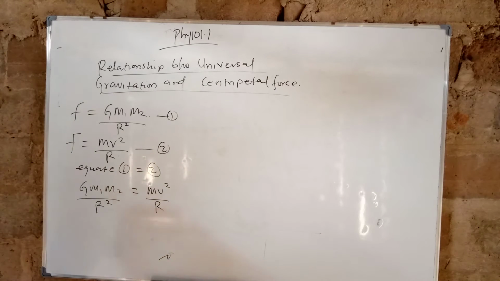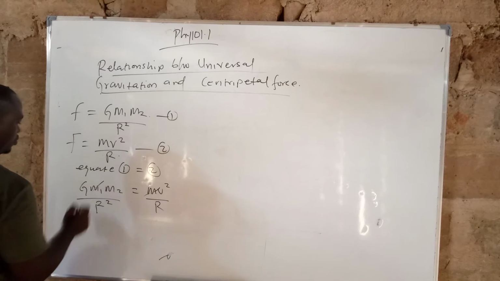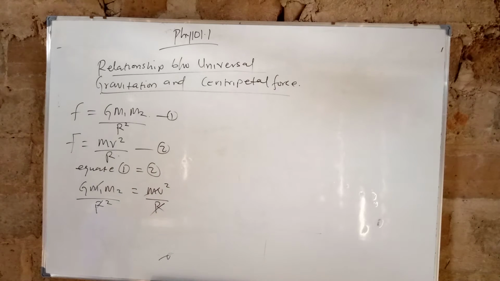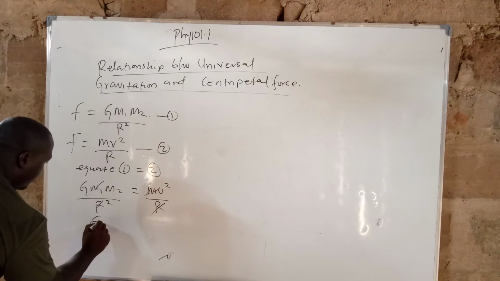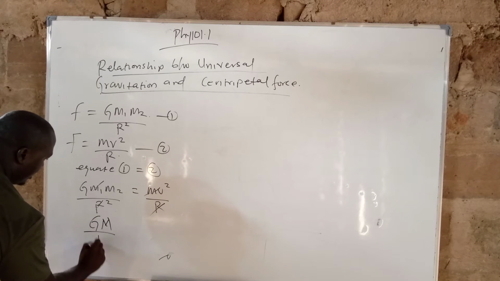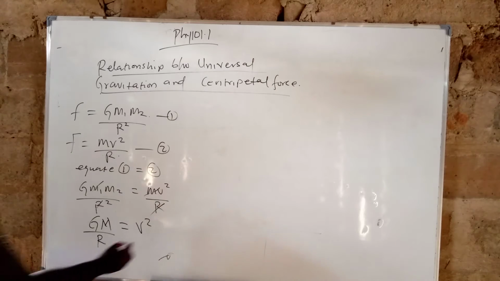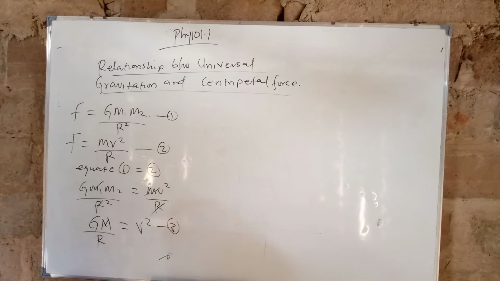Right? Good. That means that 1 m will cancel 1 m here, and 1 r will cancel 1 r here. Is it not? Good. So we'll be left with G m all over r, which equals v squared. Right? And let me call this equation 3.